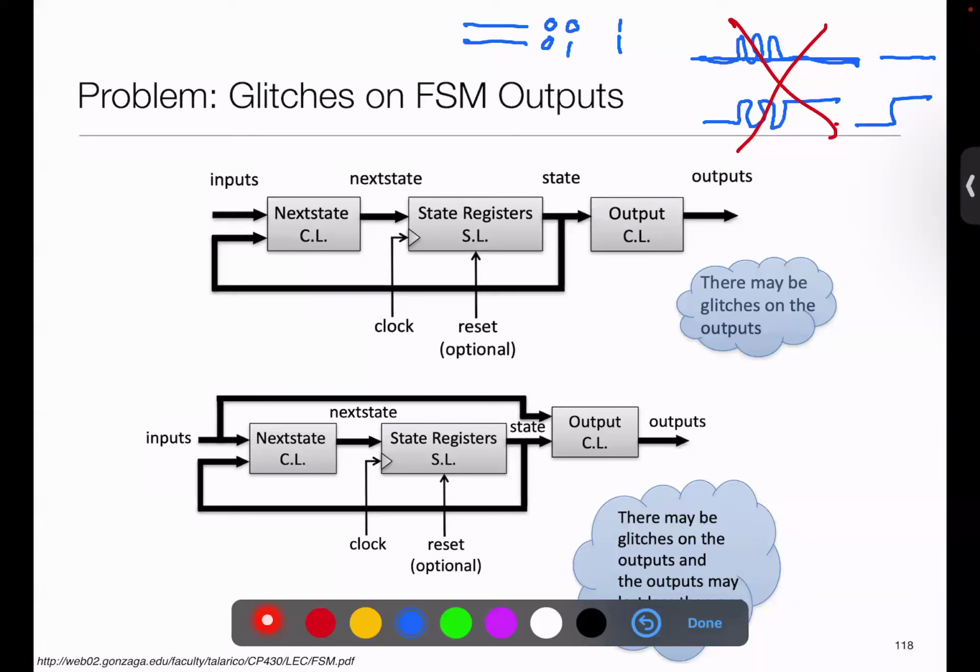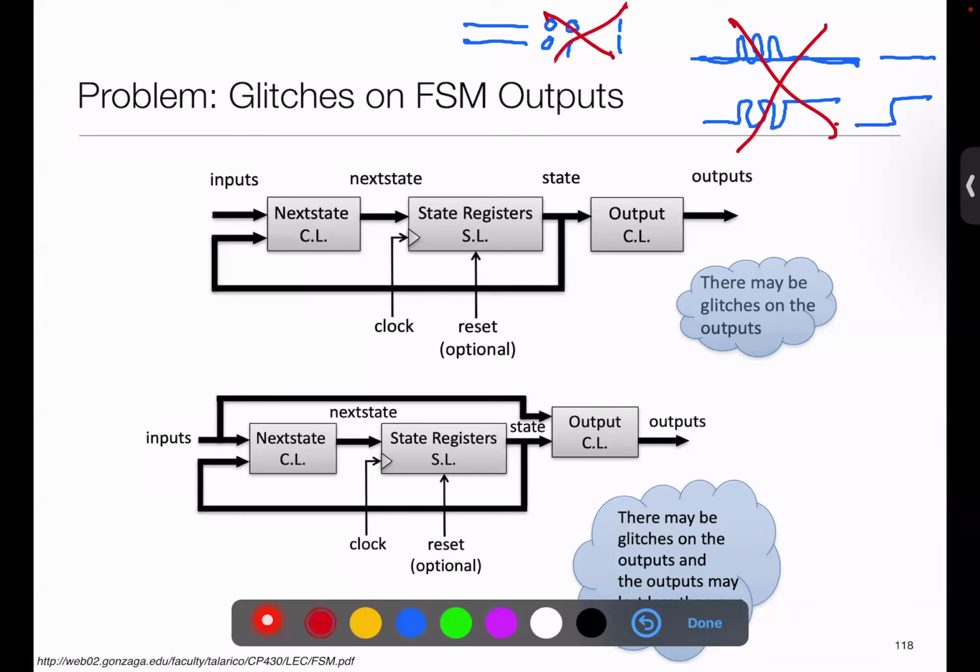An observer looking at the system would see that the output did not just go from 0, 0 to 1, 1, it went from 0, 0 to 0, 1 to 1, 1. Again, we don't want that. These are all examples where the output, if you're not careful, can exhibit glitches.